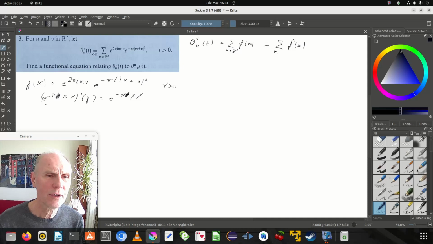And then when we put in t, I realized last time that we have to take square root t x, dot square root t x.